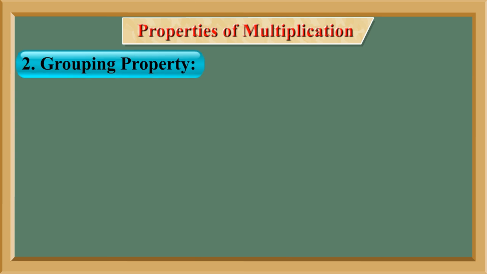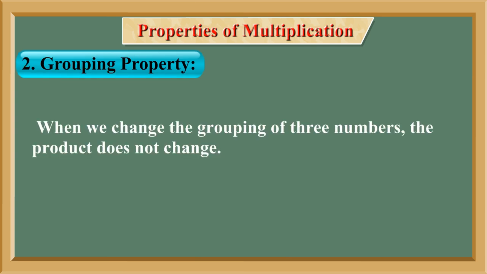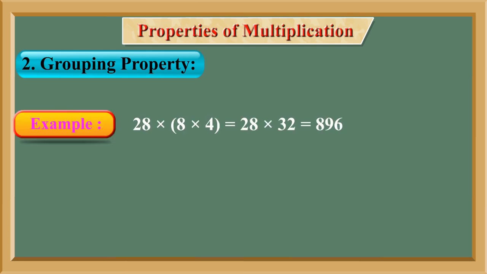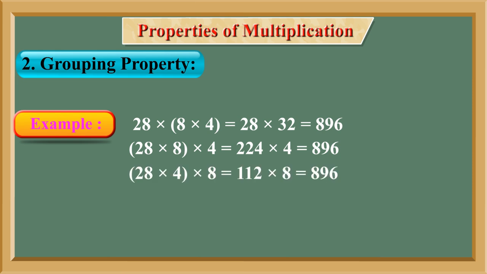Second, grouping property. When we change the grouping of three numbers, the product does not change. Example, 28 multiplied by 8 multiplied by 4, which is equal to 28 multiplied by 32, which is equal to 896. 28 multiplied by 8 multiplied by 4 is equal to 224 multiplied by 4, which is equal to 896. 28 multiplied by 4 multiplied by 8 is equal to 112 multiplied by 8, which is equal to 896.